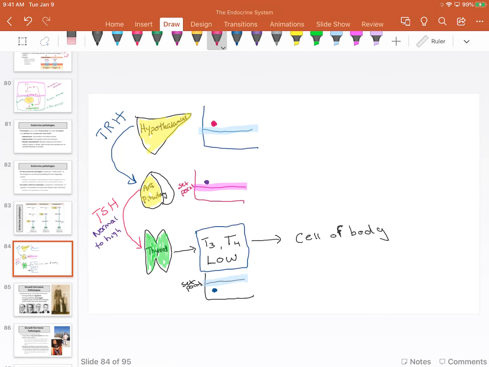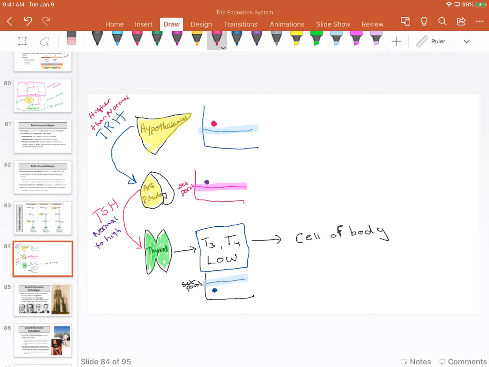Under normal circumstances, if my TSH is higher than normal, TRH would command my anterior pituitary to produce TSH, and it would command my anterior pituitary to produce more TSH than is normal, right?